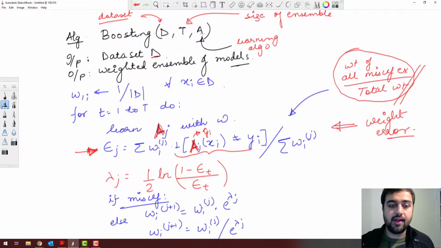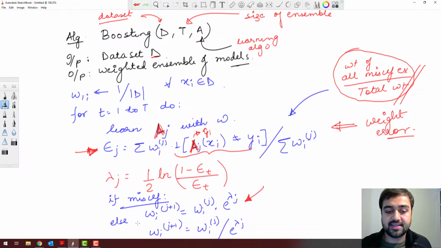Once you have your epsilon j, using this epsilon j, you calculate lambda j. This is simply half of the logarithm with base e of (1 minus epsilon) upon epsilon. You get the value of lambda j. Now, for each misclassified example, you multiply the weight by e to the power lambda j.